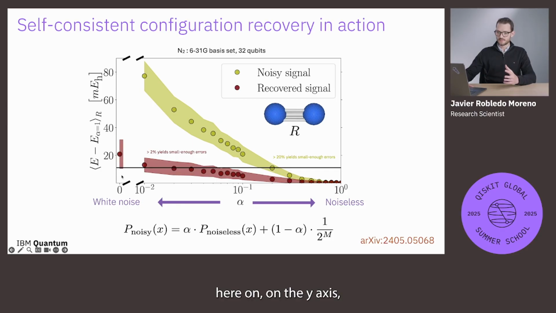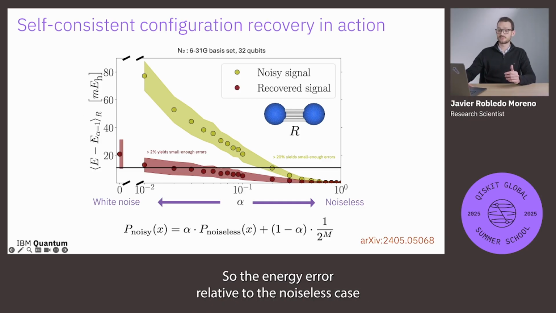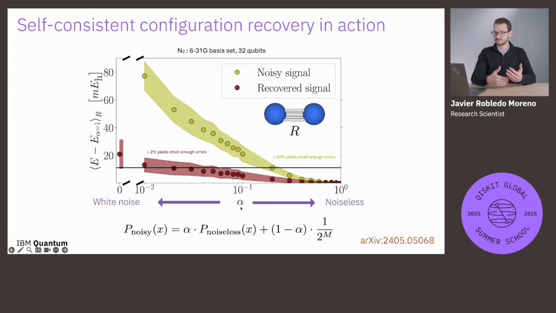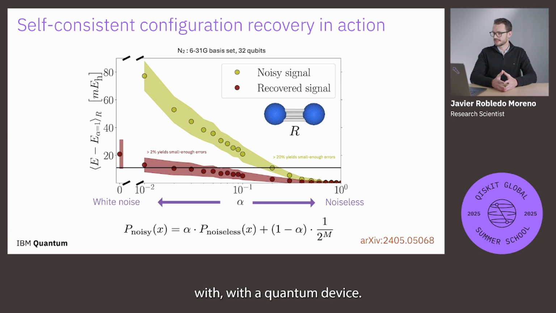Here on the y-axis, I'm showing the energy error, because remember, we are trying to quantify the ground state energy. So the energy error relative to the noiseless case, here as a function of the amount of signal that we have. And this would, again, simulate what would happen with a quantum device.